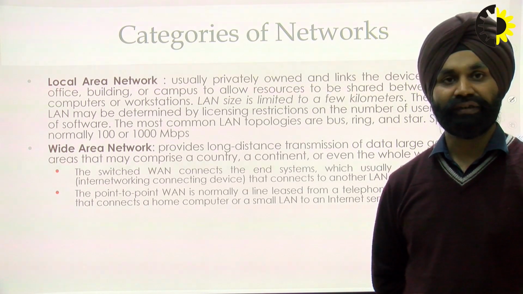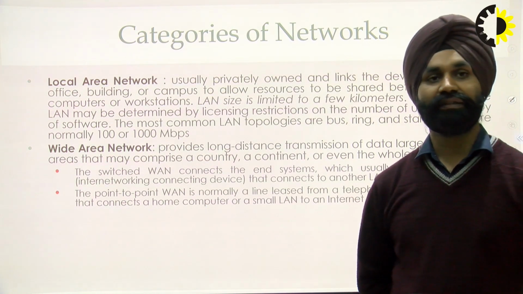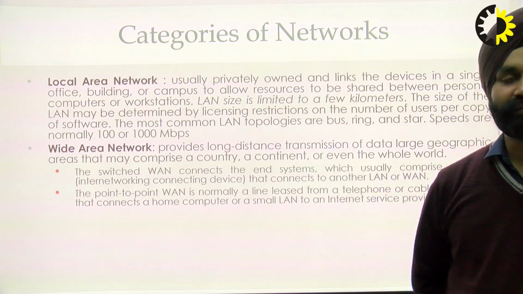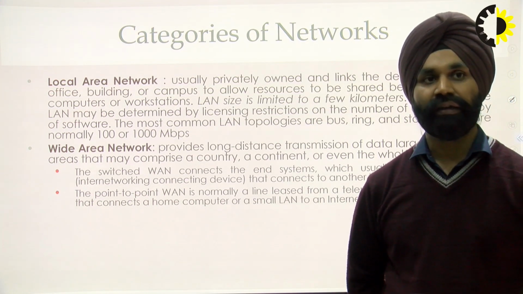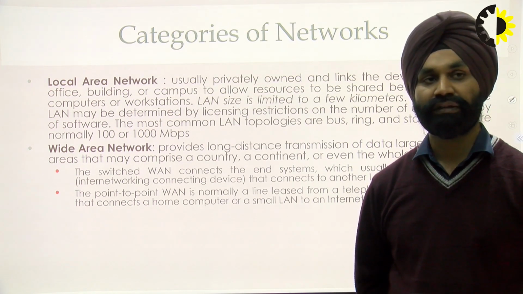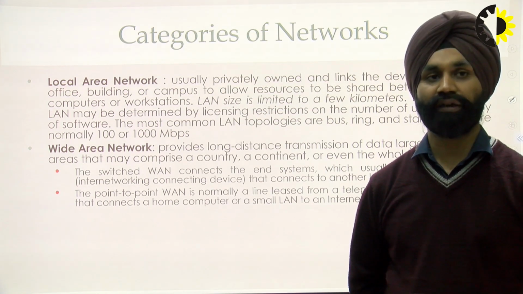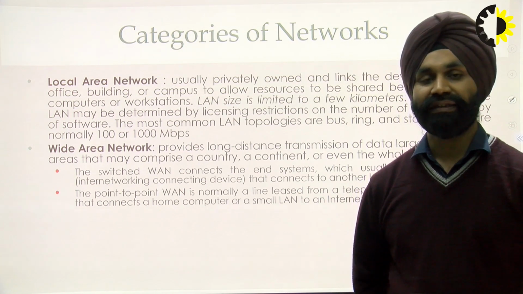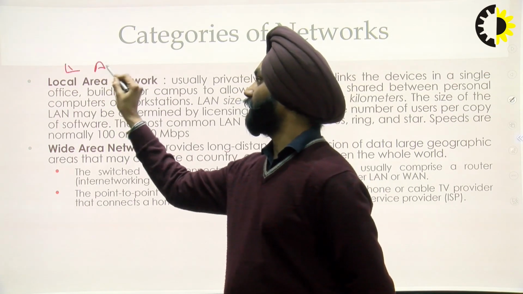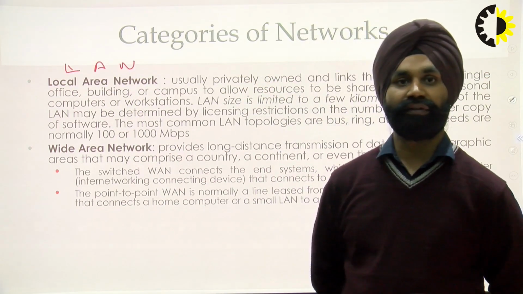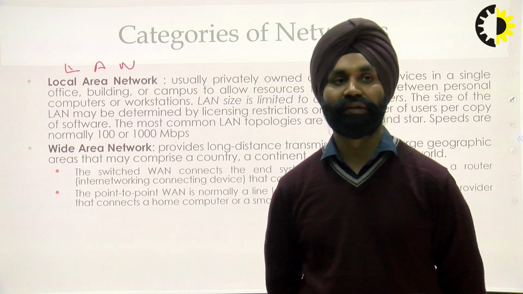The basic classification of wired networks starts with LANs, which are generally private networks confined to a building, a campus, or an office, within only a few kilometers. These local area networks, or LANs, have a data rate of 100 Mbps to 1 Gbps nowadays.